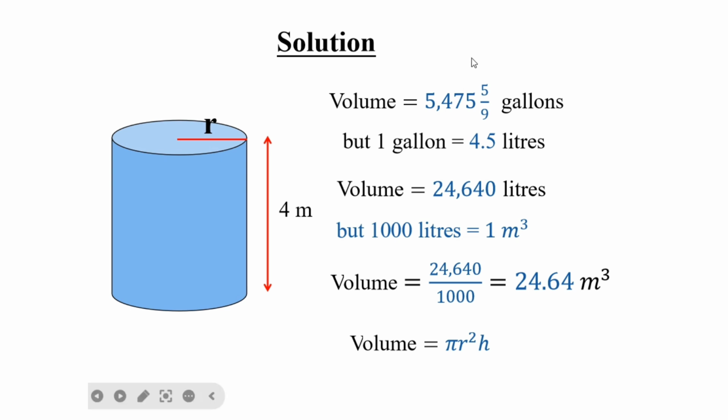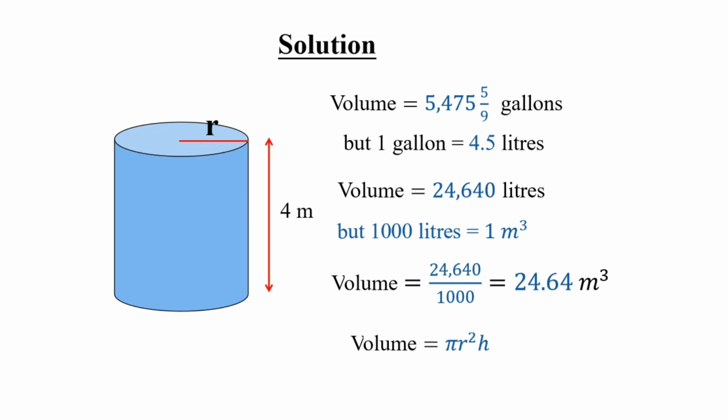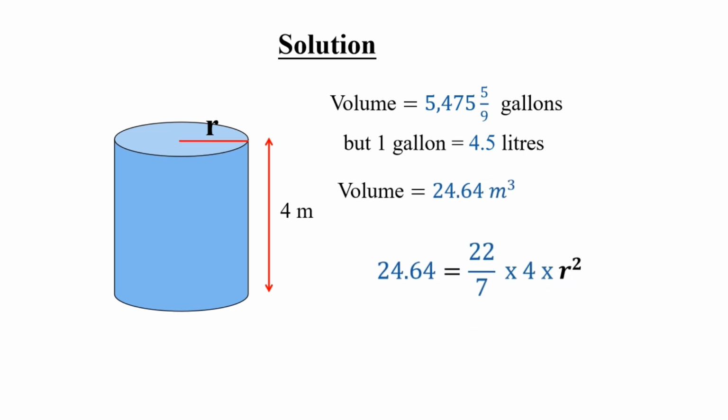Let's quickly plug in our values and find the radius. So we have 24.64 equals 22/7 times 4 times r squared. Then we simplify this.